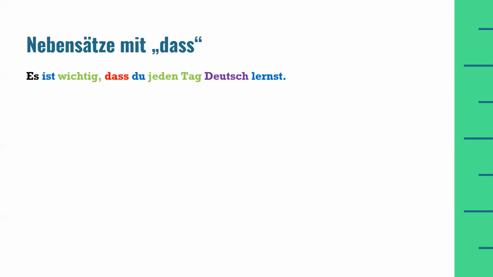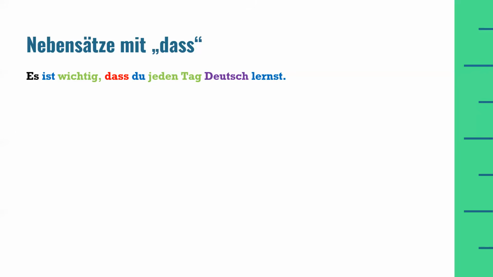Dass comes at the first position, then it is followed by a subject, which is du in this sentence. Jeden Tag Deutsch, and lernst comes at the last position of the Nebensatz, and it is conjugated according to the subject of the Nebensatz, which is du. So the infinitive form of lernst is lernen, but here we have to conjugate it according to the subject of the Nebensatz.